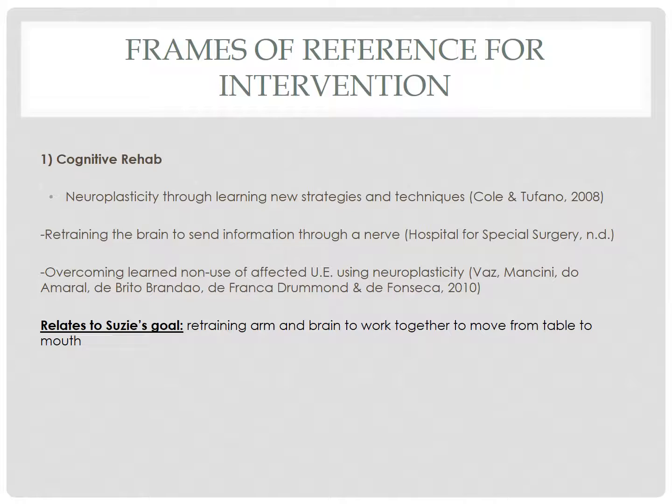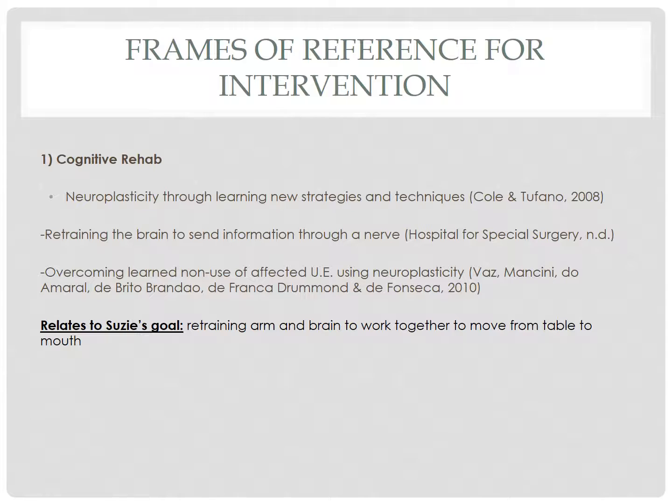I chose 2 different frames of reference for intervention. One of them is the cognitive rehab frame of reference, and this one focuses on neuroplasticity. I did find some of this in the research. The research reports that retraining the brain to send information through the nerve is really important.